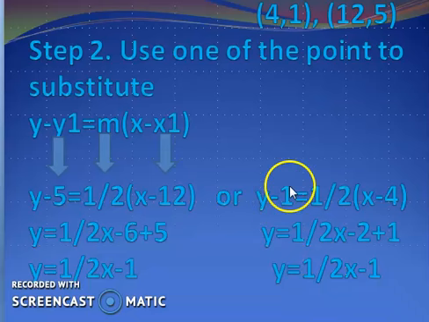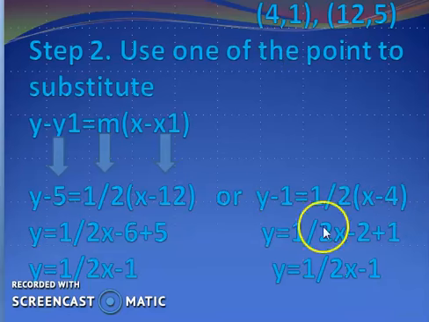So y minus your y coordinate, which is 1. So y minus 1 equals, since your slope is 1/2, put 1/2 here as the slope, times the quantity of x minus your x coordinate, which is 4. So you put 4 in here.